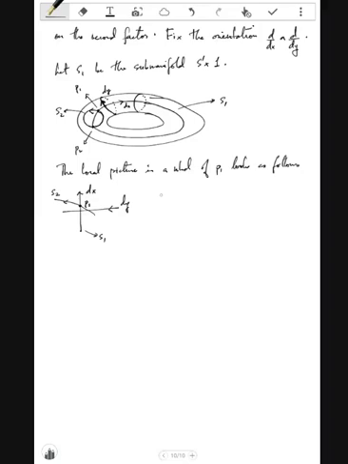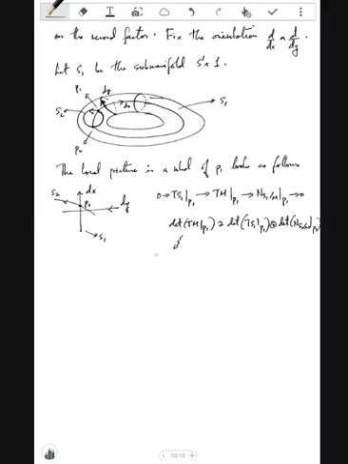So we have a short exact sequence, 0, TS1, TM, the normal bundle, 0, and so this shows that the determinant of TM at P1 is isomorphic to the determinant of TS1 at P1 tensor the determinant of N S1 over M at P1, and on this we chose the orientation d by dx wedge d by dy.